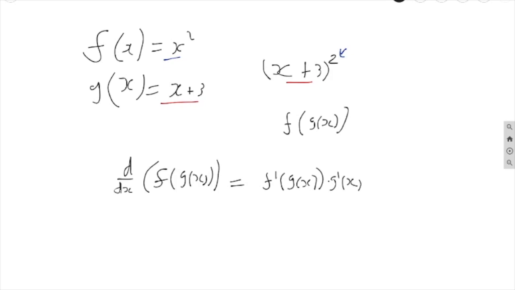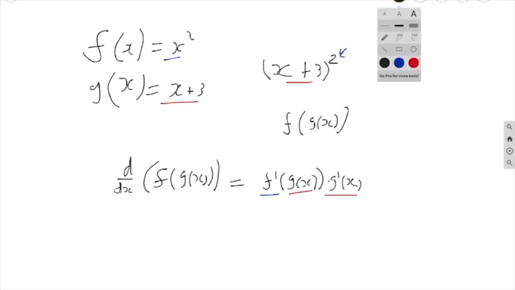So we have f prime, so the derivative of whatever the f function is, acting on the function g of x, then multiplying by the differential of g of x.